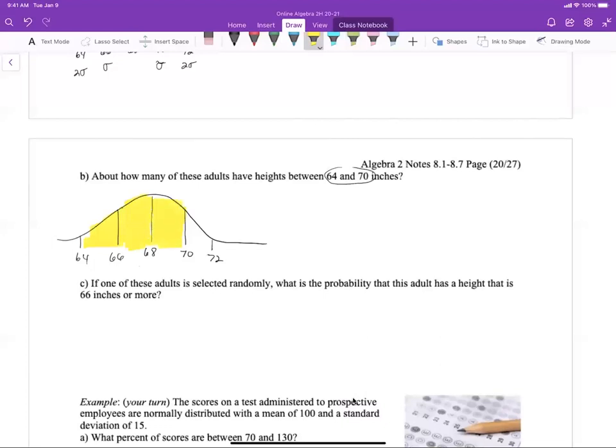Okay. So what I want to do now is, once again, if 64 is at 2 sigma, and we know that 2 sigma, if I were to go 2 sigma all the way to here, that would be 95% of my data, but I only have half of it.